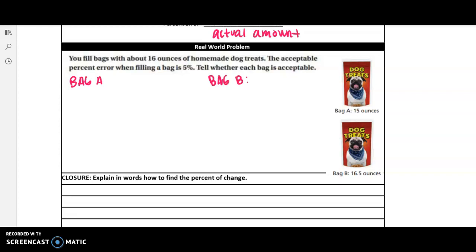So the amount of error is going to be our 16, which we know is how much it should be, about 16 ounces, minus what dog bag A actually is. And that gives us 1.